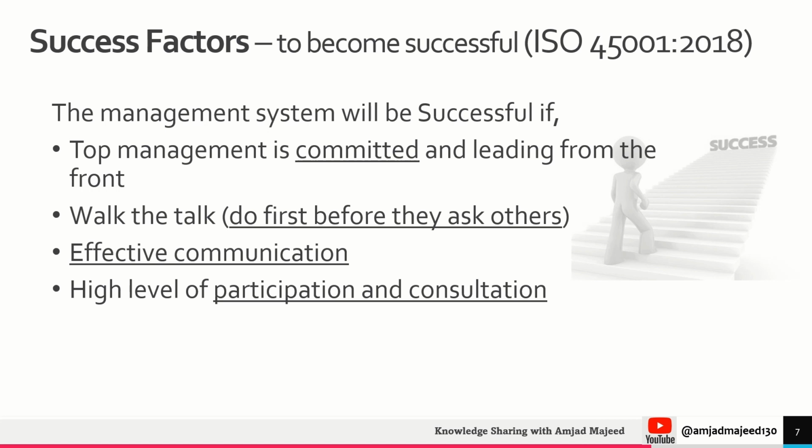And effective communication means whatever you have established or whatever you are going to do, you have to make sure that it is cascaded to each and every individual who is engaged or involved in the development, implementation, or maintenance of this occupational health and safety management system.